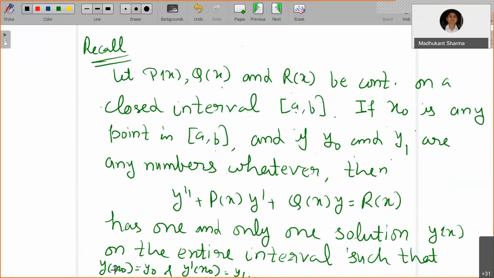So you have y at x0 is 0 and y dash at x0 is 0 in the previous case, and the right hand side is 0, so y equal to 0 is also a solution. But due to the uniqueness, there is one and only one solution, so the only possibility is the trivial solution.